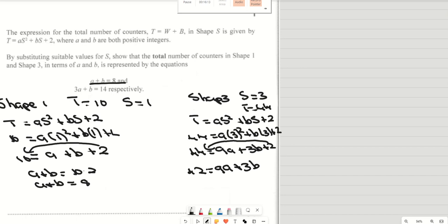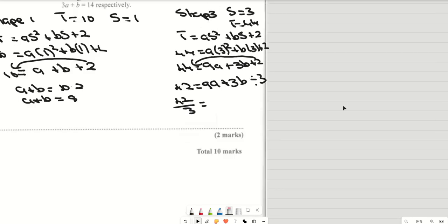However, we want B by itself, so what they did is divide this entire thing by 3. So 42 divided by 3 is equal to 9A divided by 3 plus 3B divided by 3. 42 divided by 3 is equal to 14.